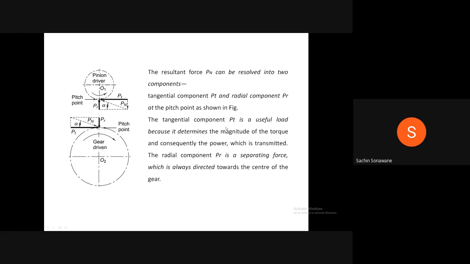Therefore, the tangential component PT is a useful load because it determines the magnitude of the torque and consequently the power which is transmitted. The radial component PR is a separating force which is always directed towards the center of the gear.